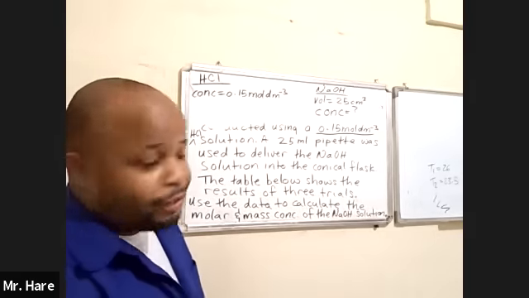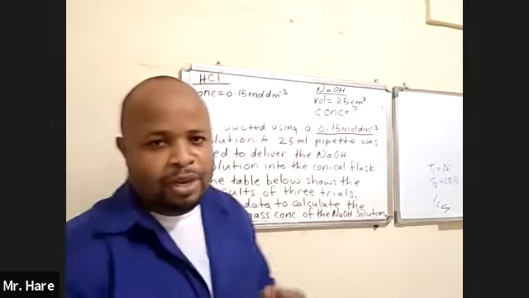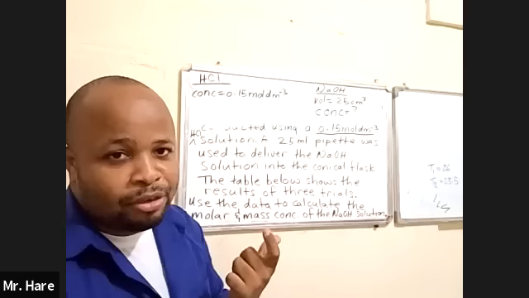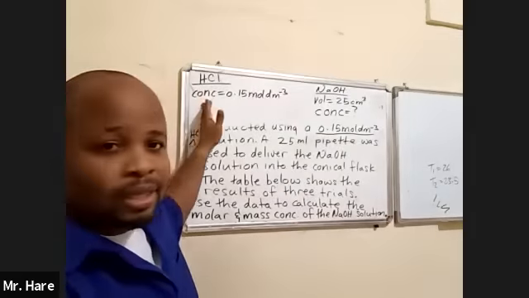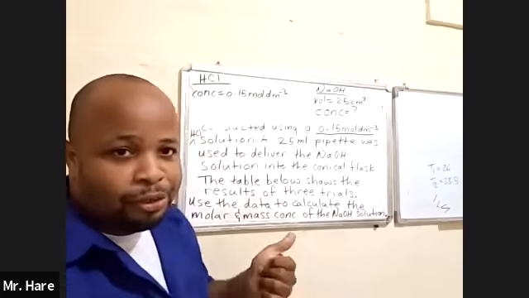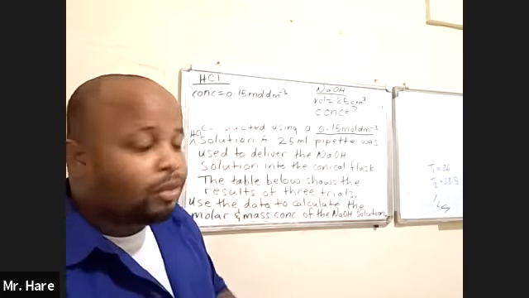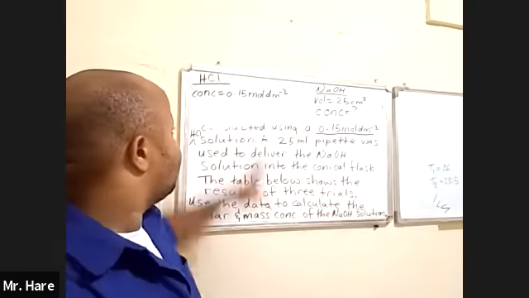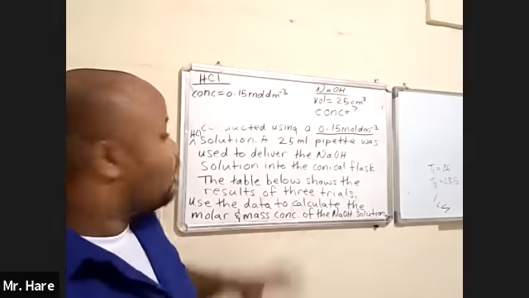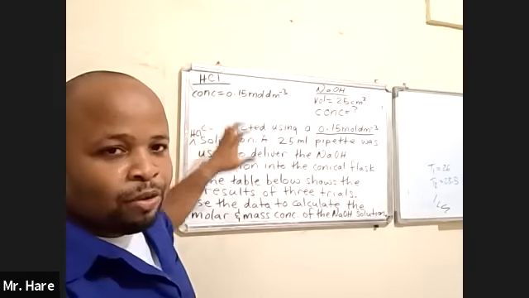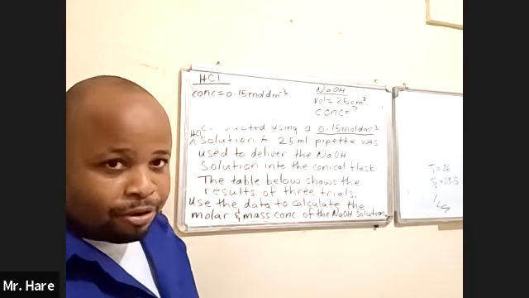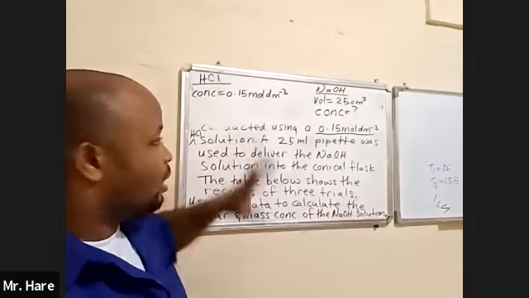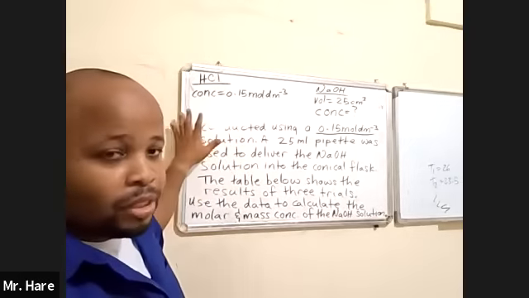Now, in any titration, you have to be given the volume and concentration for one of these substances. You must be given concentration and volume. So you will look in your question, whichever substance you get concentration and volume for, you are going to use that and calculate the number of moles.